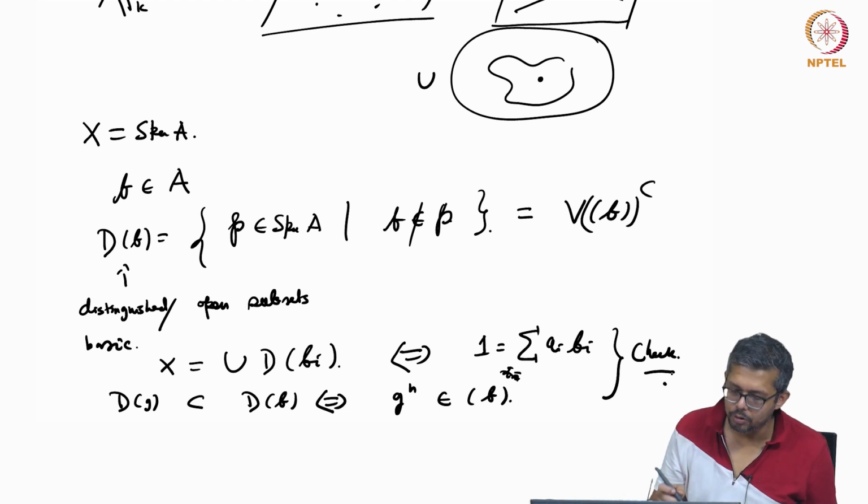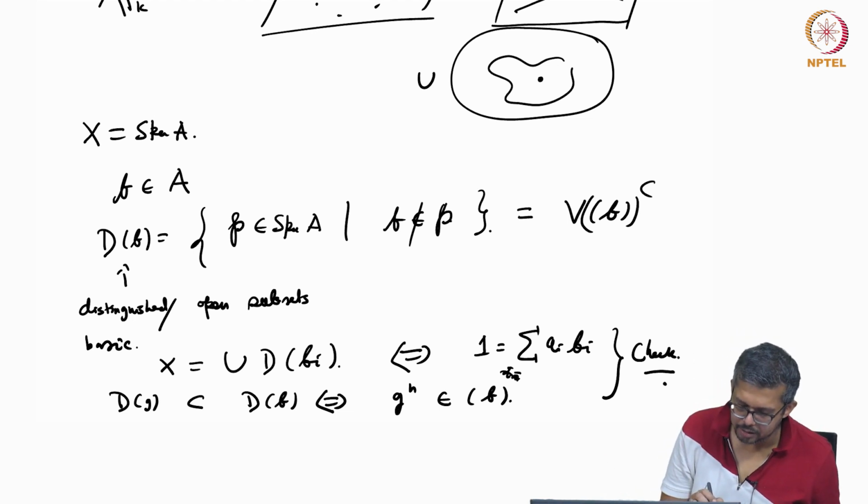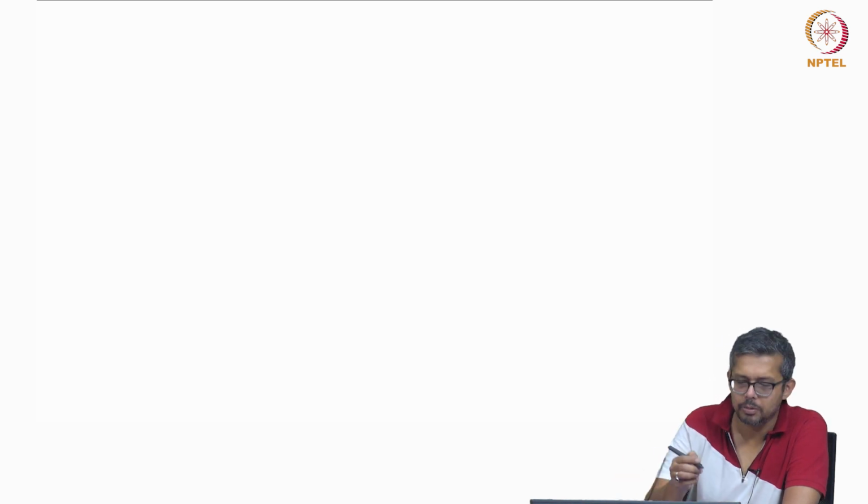Now you have a topological space, and you can ask questions like when it is irreducible. Whenever you have a topological space, the first question you ask is when is it irreducible?